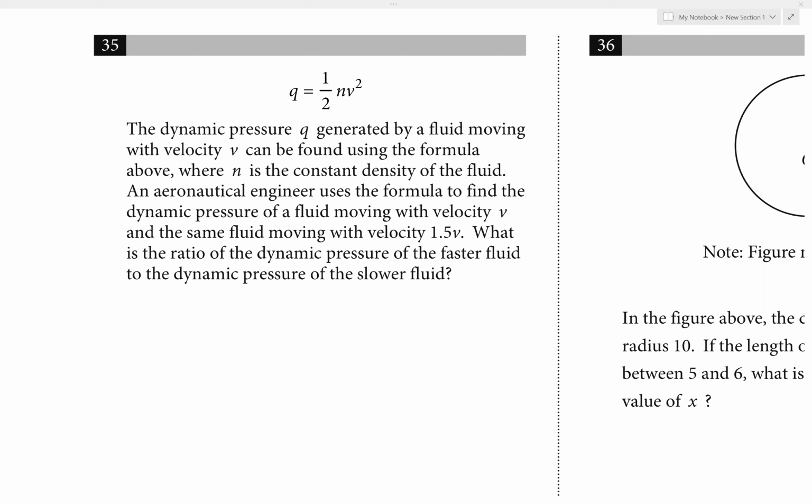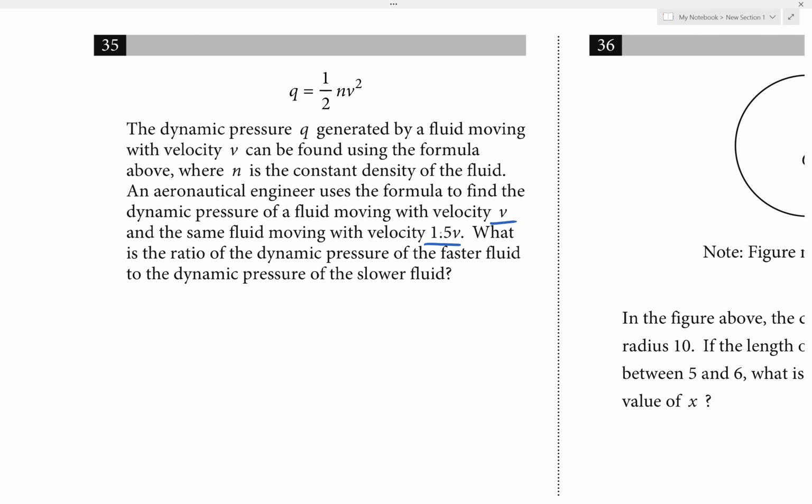Okay, so we're comparing two fluids. The first one has a velocity v, and the second one has a velocity of 1.5 times v. We don't know what v is, but we know the second fluid is 1.5 times as fast.